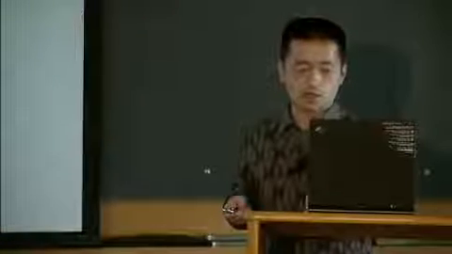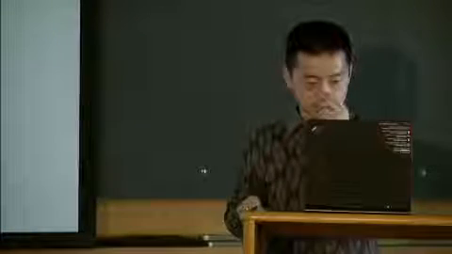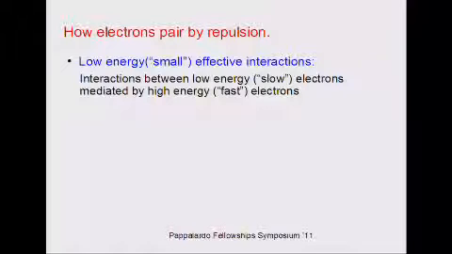Let me look at the effective interaction from another perspective. The interaction between electrons is about how electrons scatter off each other. And this so-called low-energy effective interaction is typically the interaction mediated by some high-energy electrons between the low-energy electrons. I will loosely call them fast and slow.